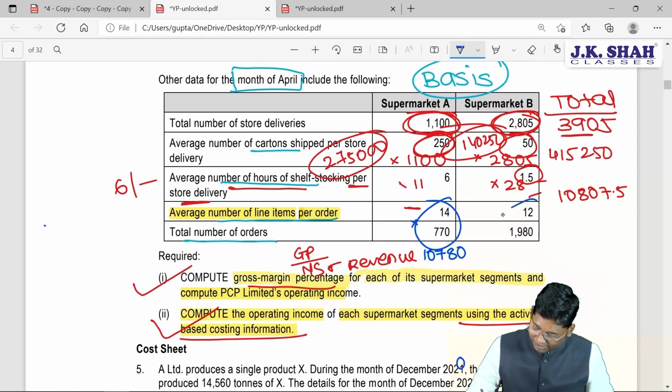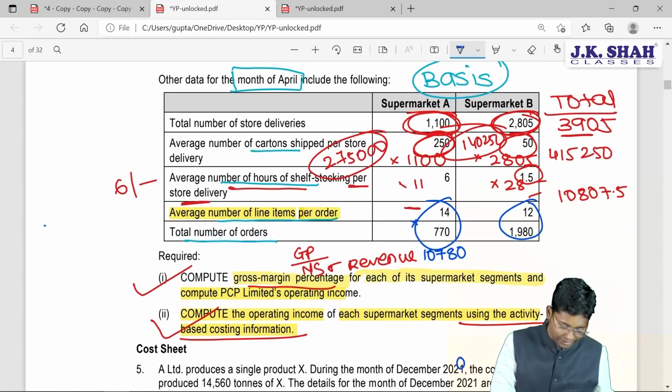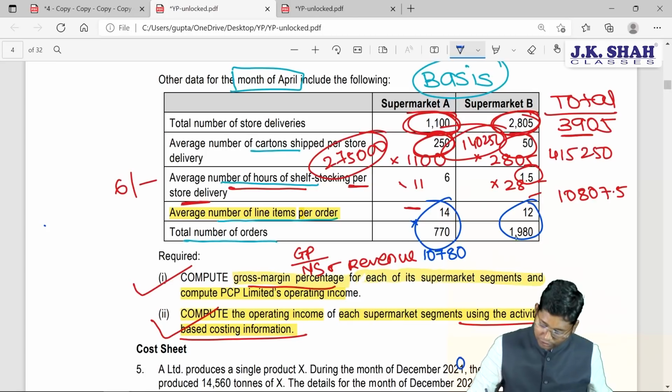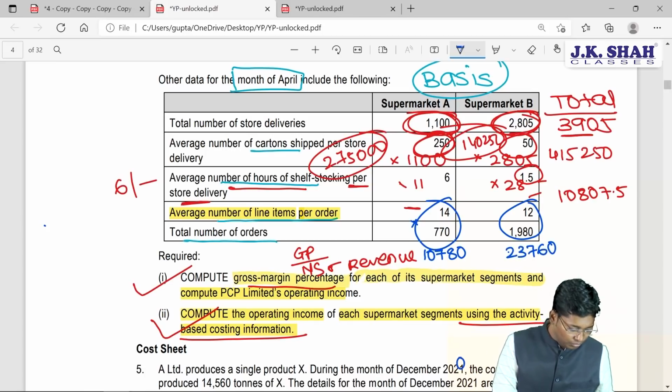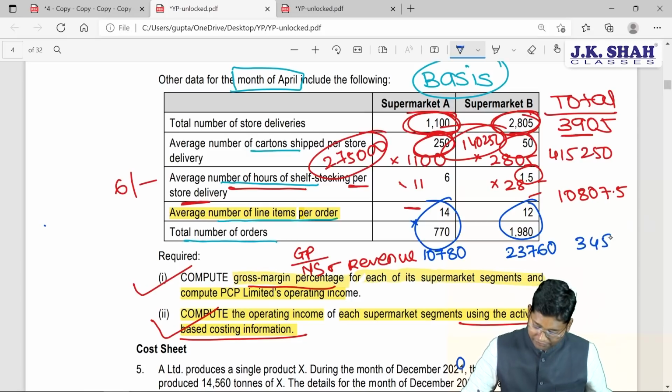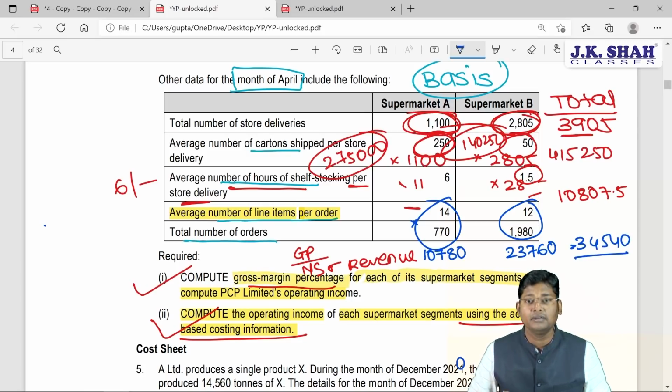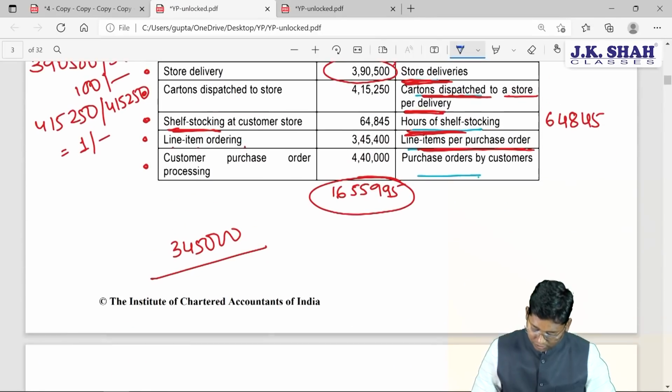Same way, when you multiply these values, 12 into 1980, you are going to get 23,760. Ultimately, the total will be 34,540. Correct? What I have done is simply multiplied the given line items per order by the number of orders, and I have computed the level of activity. 34,540 is the total.